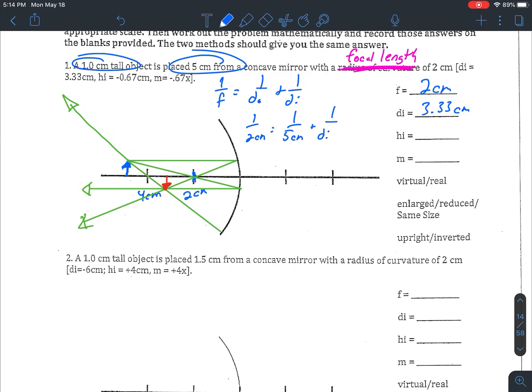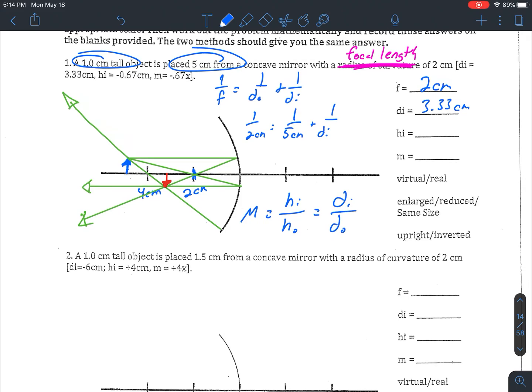The next part was our kind of more complex equation with the magnification equaling either the image height over the object height, or the image distance over the object distance. Probably going to overflow to this next thing if I can't fit it all in.